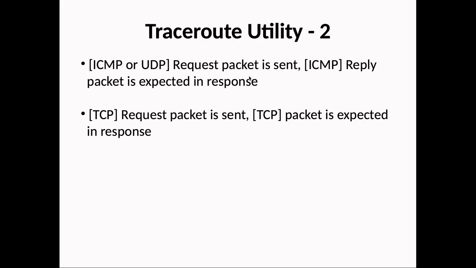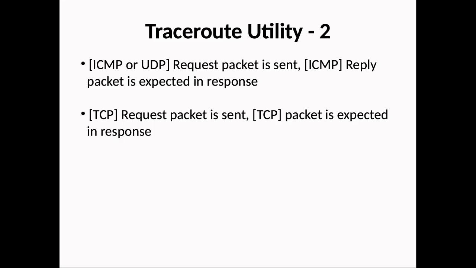Now going back to the ping command, there the request is in the ICMP protocol and the response also, if it comes back, is based on the ICMP protocol. In contrast, the traceroute utility is a little bit more complicated in terms of its implementation.